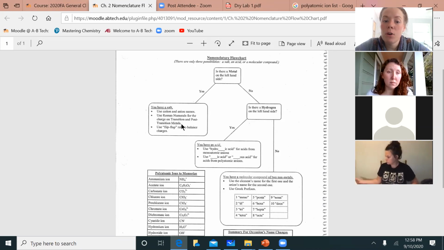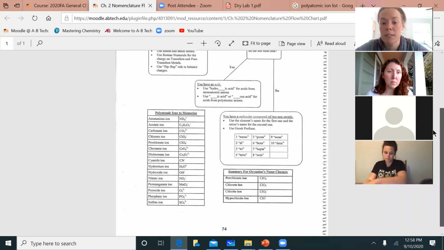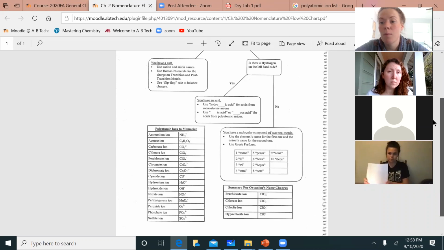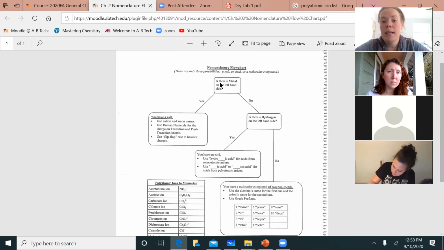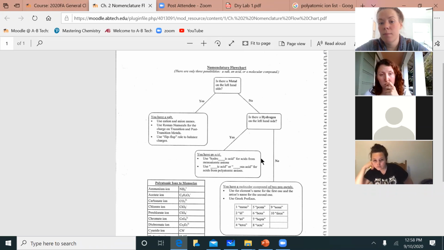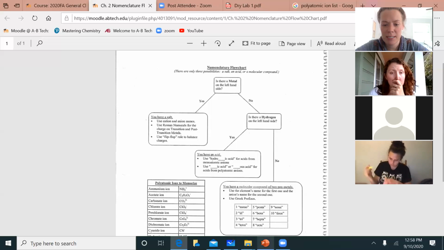We're going to use Roman numerals for a charge if it's a transition metal, and we use the flip-flop rule to balance the charges. And actually there are polyatomics on this little flow chart here for you. So this may be something useful for you to print out or have accessible during your test. So right now we're hanging out over here, okay? We're gonna get to this side over here in a minute, but let's just focus on how we get these salts named. It's pretty simple.